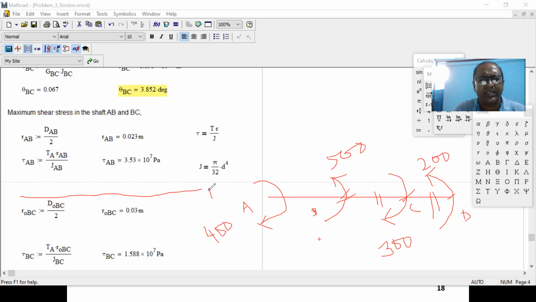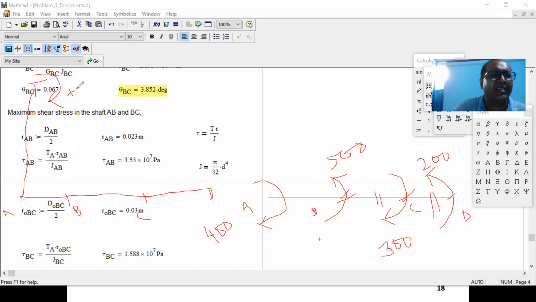Say this one is A, this is B, this is C, and this is D. I draw a torque diagram. So this is length, and in the upward direction I am showing torque. Which one do you want positive, clockwise or anti-clockwise? Whatever you like. Say clockwise positive. So right over here you write torque and show the arrow.